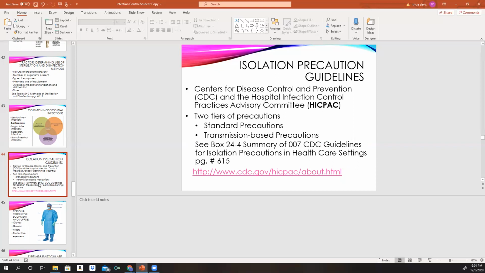We use those for every client that we come in contact with. Then we have your transmission-based precautions, which we use with clients with specific infections or diagnoses. If you go to box 24-4, on page 615, the CDC guidelines for isolation precautions in healthcare settings, that's a nice little chart there that gives you some more information on that.